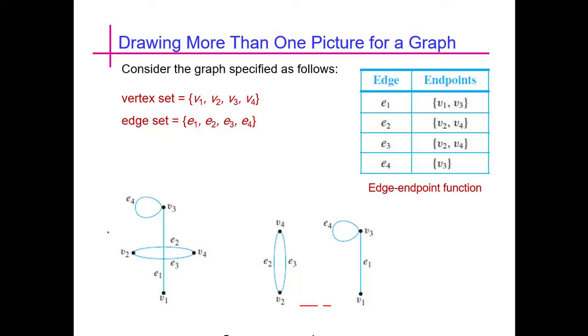So the drawing of a graph does not affect the structure of a graph. Here the structure is the same as this graph. The main structure arises from the edges which are connecting the vertices.